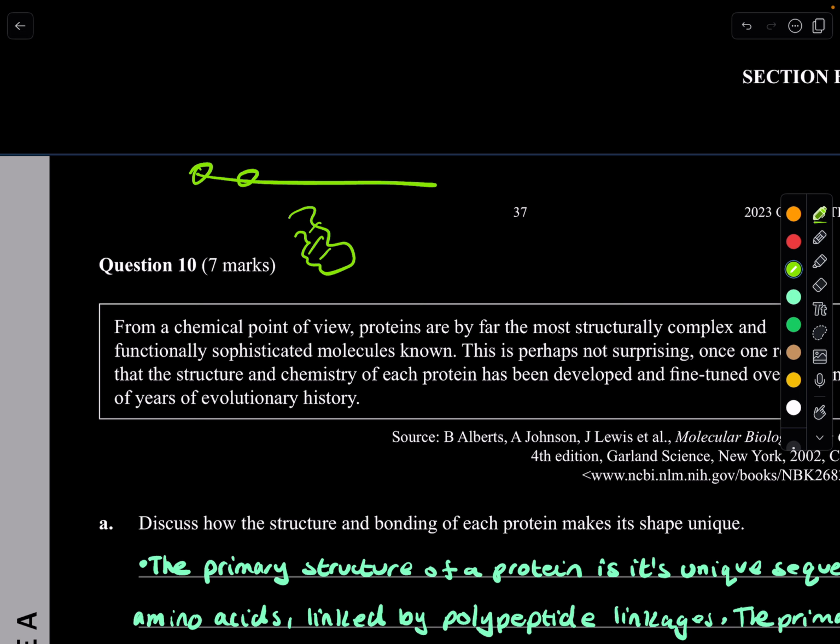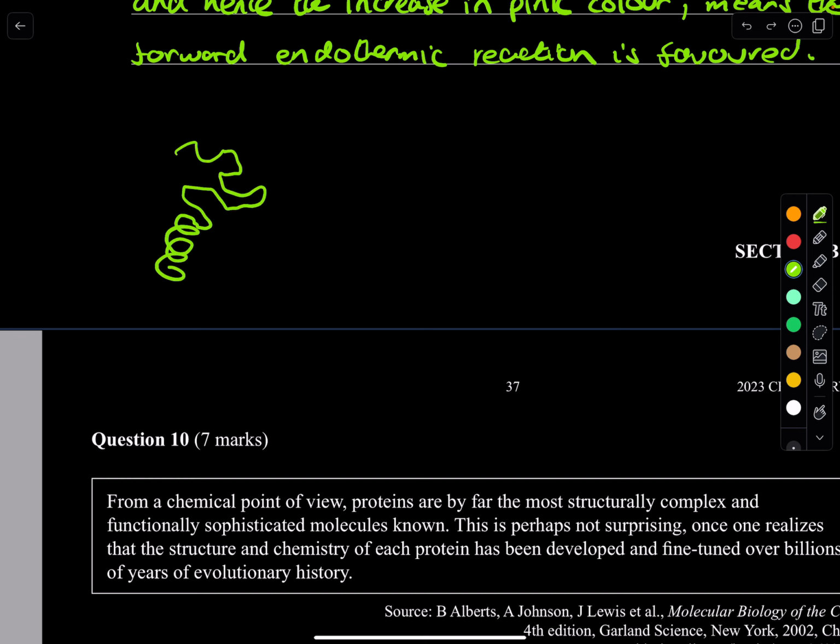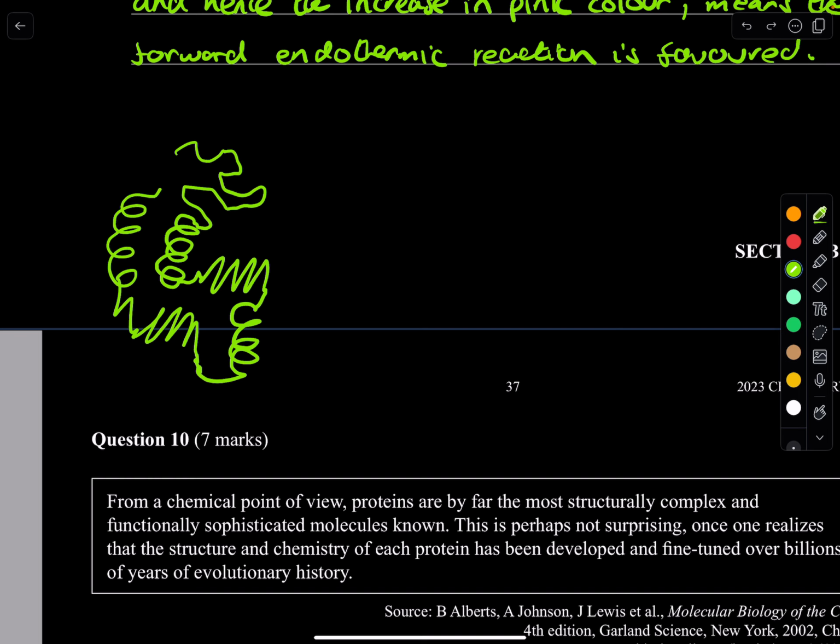It's a mix of beta sheets and alpha helixes. I really don't know how to draw it, but it looks like a bunch of mess. It's only one sequence, but it has alpha helixes, beta sheets, alpha helixes, beta sheets, just a mix of everything. It's like a protein, a big bunch.